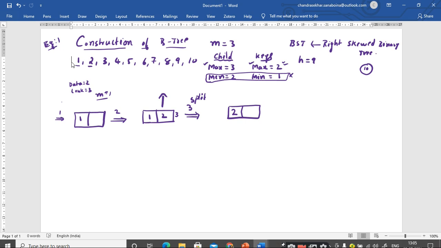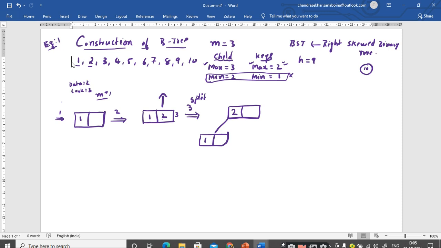What is the left part of 2? In the previous diagram, what is the value to the left of 2? 1, right. So that becomes the left child of 2. Again, this is a node, so it consists of 2 data parts, and 1 should be written like this.